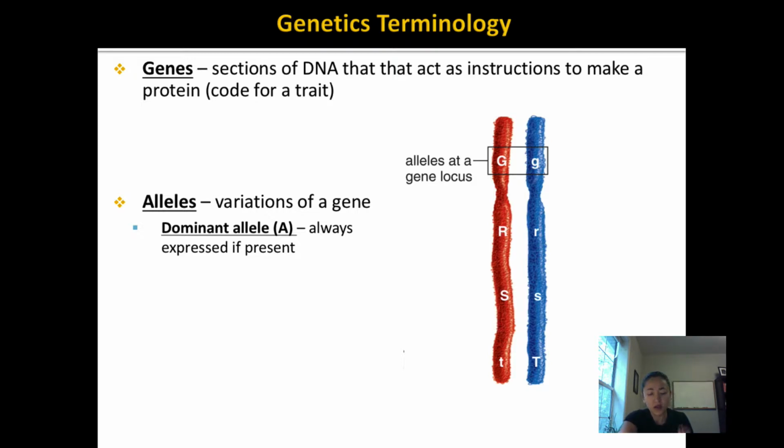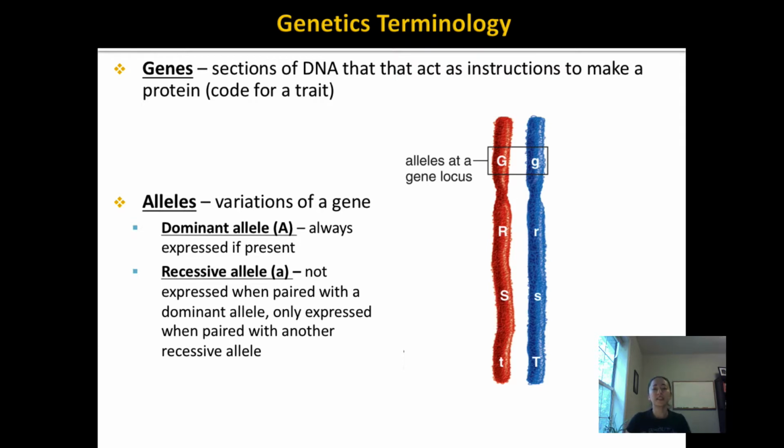So, one variation of the allele can be dominant, or always expressed if present, and that means that the other variation of the allele that typically could be present is called a recessive allele. A recessive allele is not expressed when paired with a dominant allele.